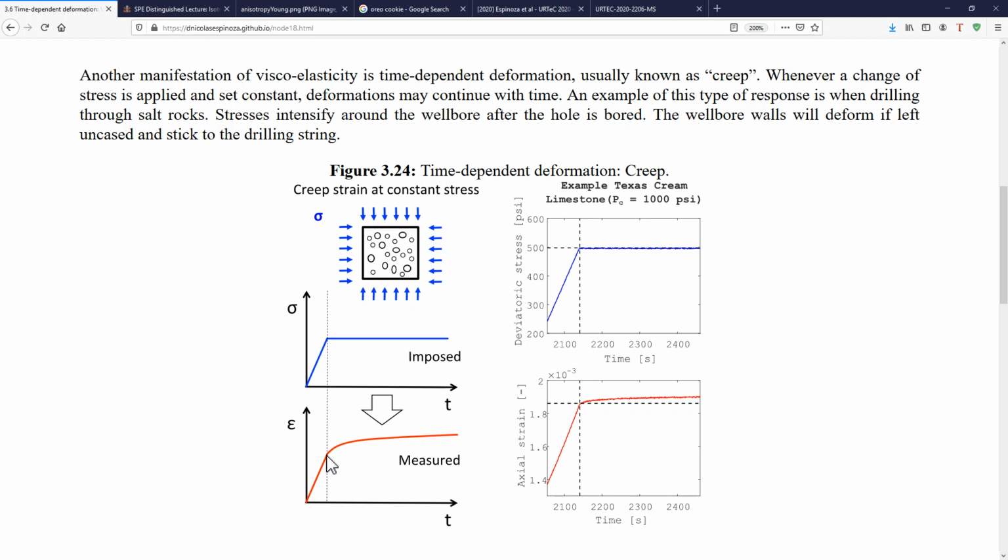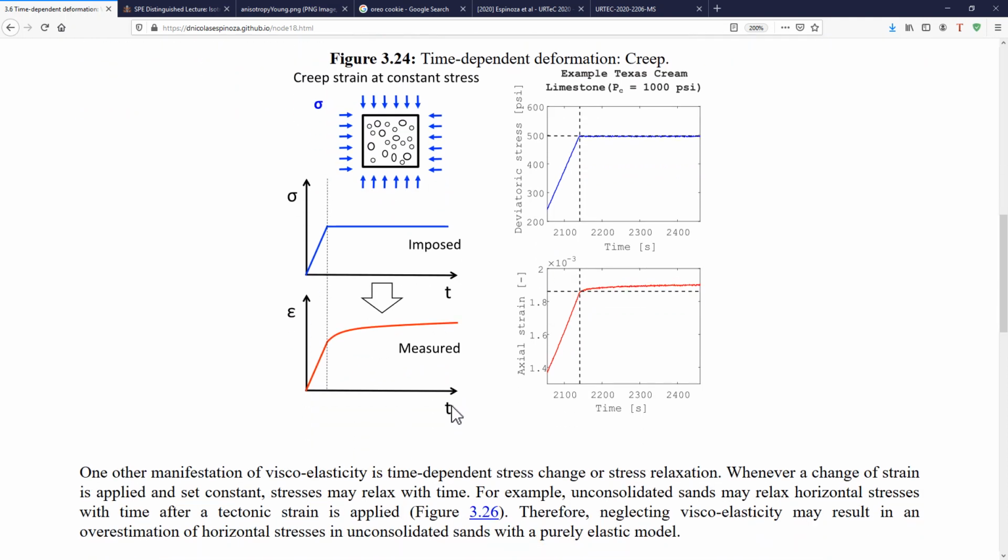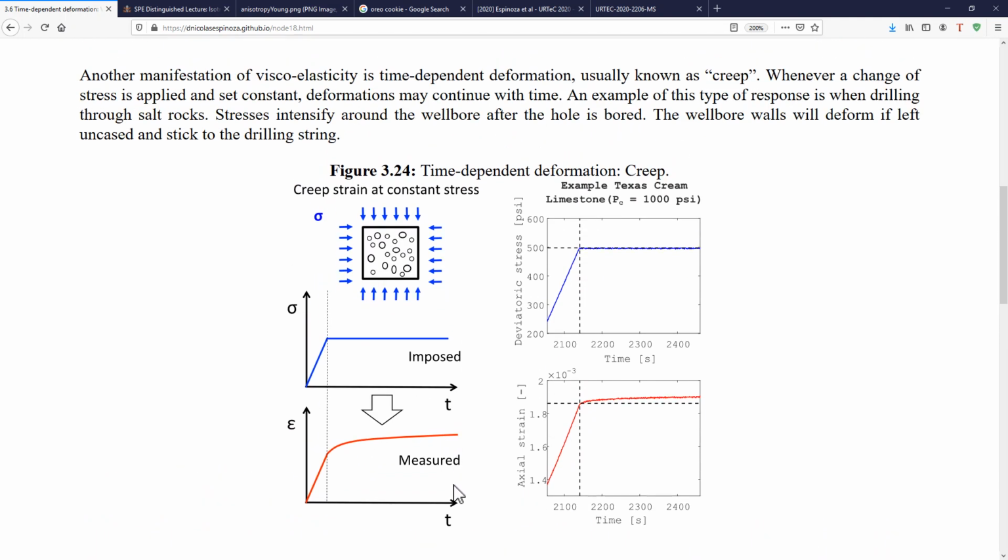However, what we see with real materials is that even if we stop applying such a load, the material is going to continue to deform with time. This is what is called a creep strain. And the more time I let pass by, the more deformation I'm going to have, and this usually tends towards an asymptotic state.